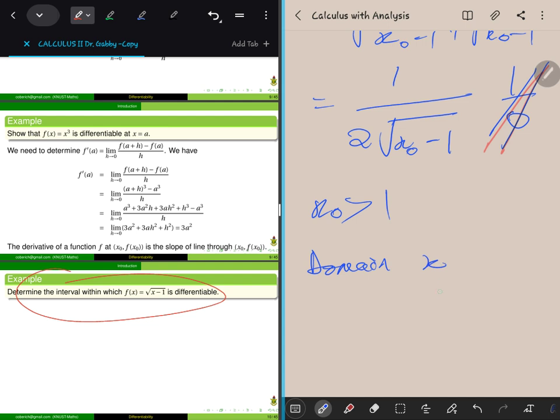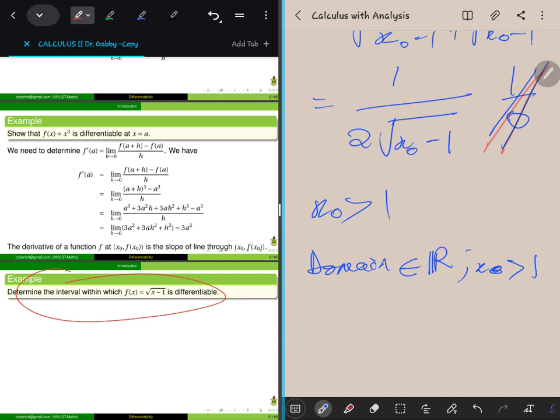The domain is such that, because you're talking about real numbers, let me try and write this out fast. So the domain is real numbers where x naught is greater than 1, right? So this is what we have. Because the moment it is 1, we end up getting 0 in the denominator. We don't want it that way.